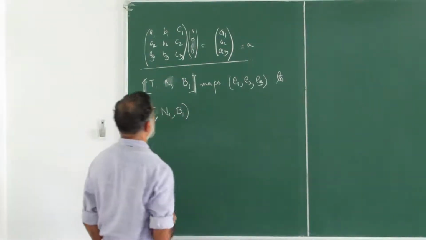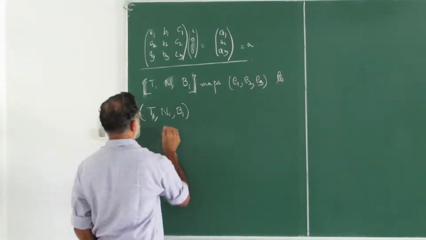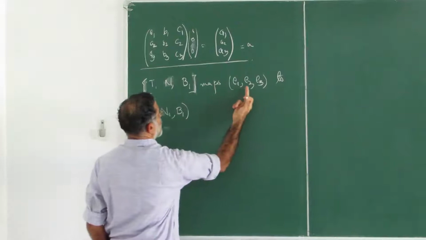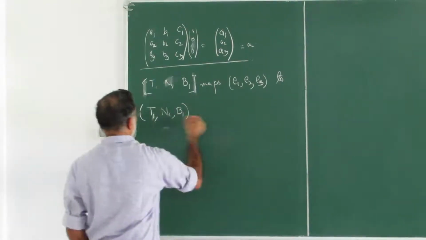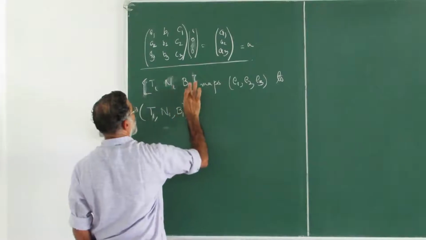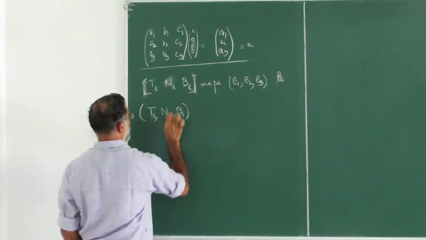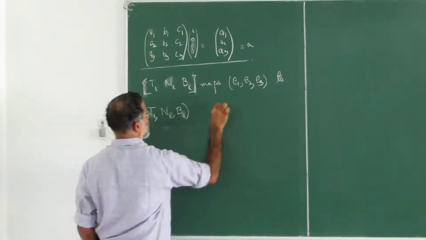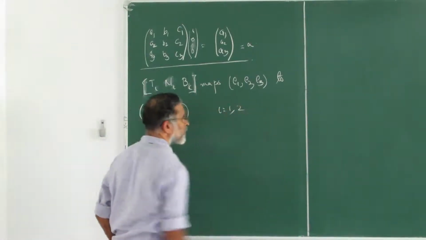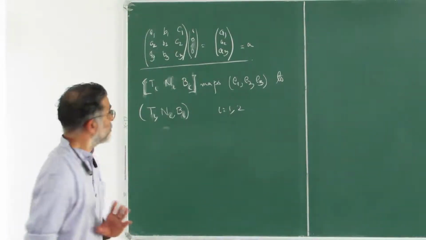So what we are going to say is you look at the inverse of this. That will take E1, E2, E3. Similarly, you can now write T2, and it maps this to Ti, Ni, Bi, where i is equal to 1, 2.